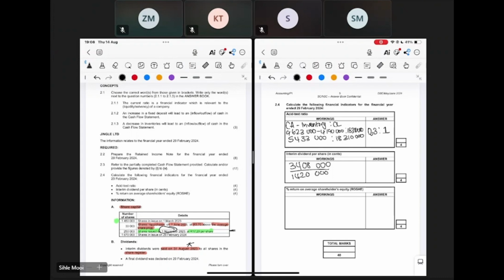So we're just going to take the 1,450,000 that we had at the beginning of the year and minus the 30,000, because the interim dividends paid on the 31st of August are paid to all the shares that were in the share register. Those that were repurchased were not in the share register anymore, so they cannot be part of our interim dividend. Is that making sense? So that's why we minus them.